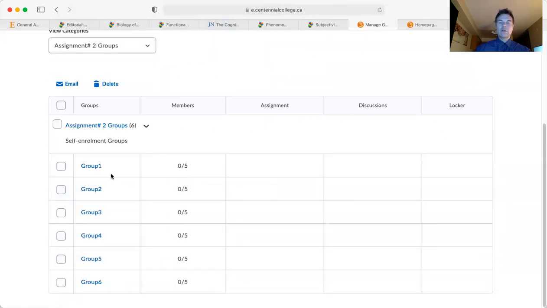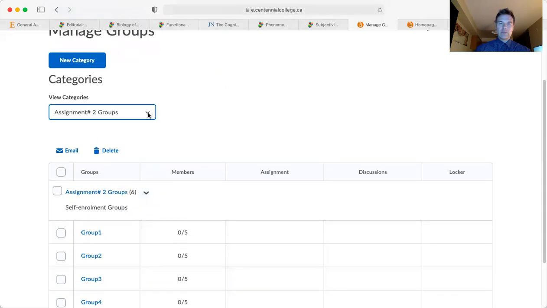Here I will create specific groups with specific topics, and you can switch between assignment number 2 and the new postman presentation.